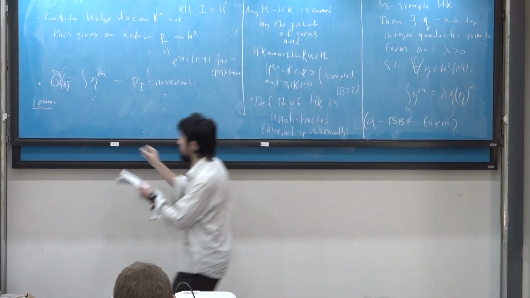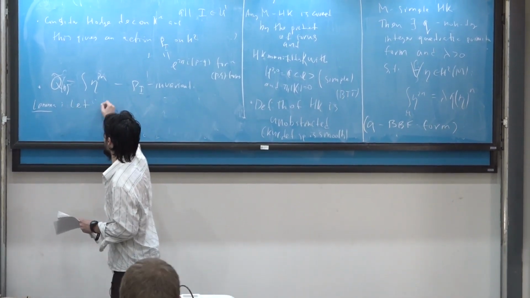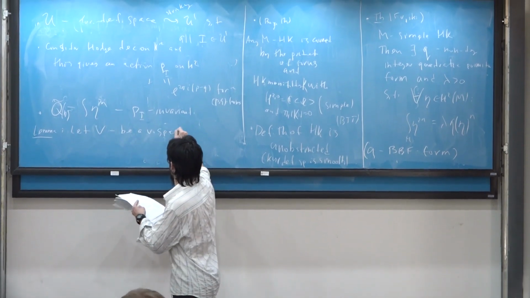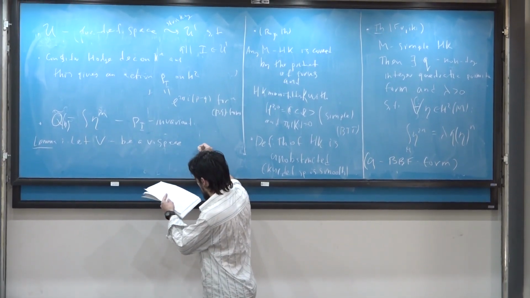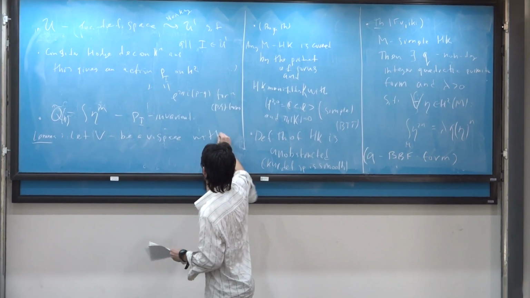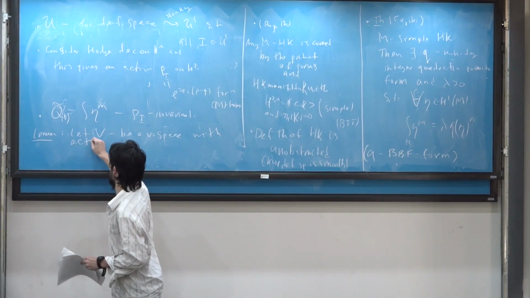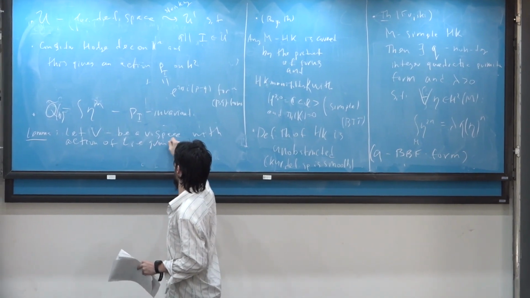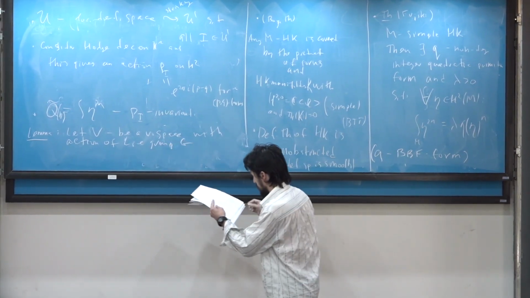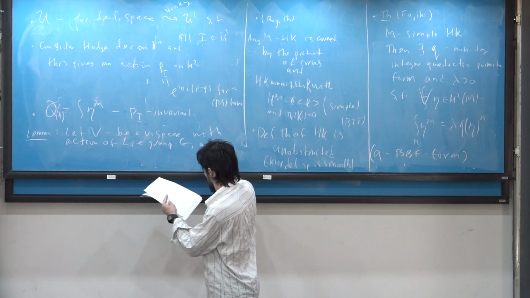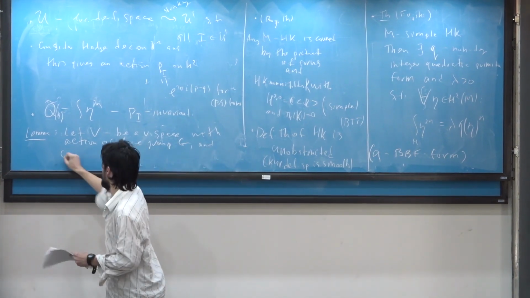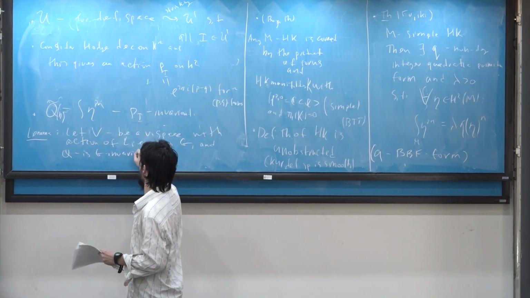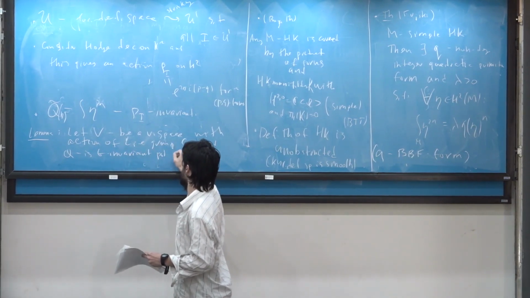And then we have just the algebra statement. So let V be a vector space with an action of a Lie group G, and Q is a G-invariant polynomial function.